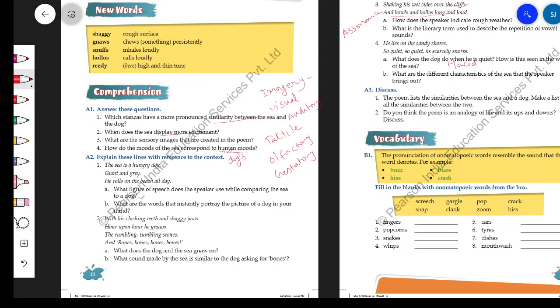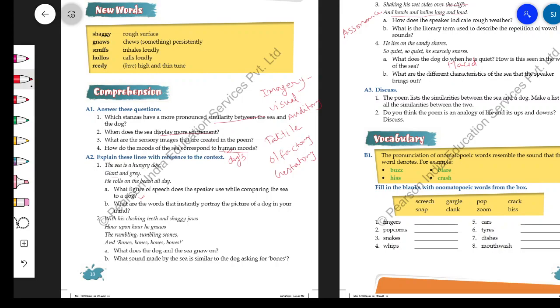Sometimes the waves are high and rough, as if the sea is hungry and very angry. At other times, the sea is energetic and playful. So waves are not rough, but they are moving. And at other times, the sea is quiet and placid. It is calm, right, as if it is resting.